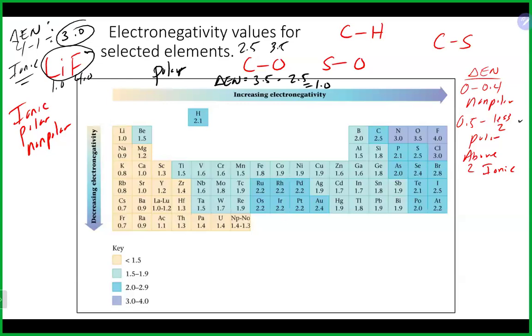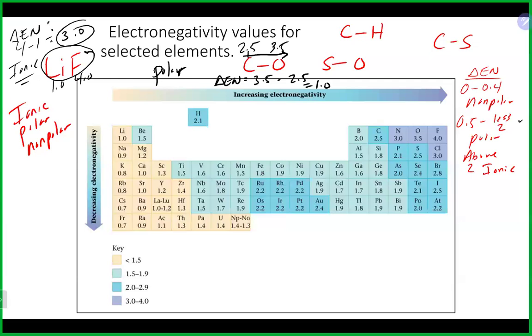That means we're going to have unequal sharing of electrons. And if I were to draw that arrow, it should point to which one, carbon or oxygen? Should point to oxygen, which is the more electronegative element there in that bond. That means the oxygen here will be more partially negative. The carbon here will be more partially positive because of that unequal sharing of electrons that's occurring.